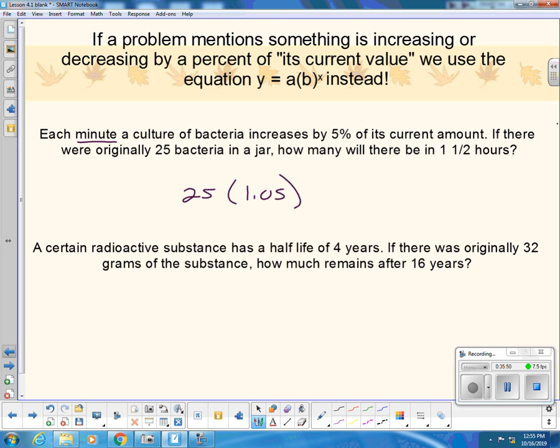How many times did it change in 1.5 hours? Each minute is changing by 5%. So how many minutes are in an hour and a half? 90. You understand how you're going to have to write the formula? So pay attention to those changes in time.